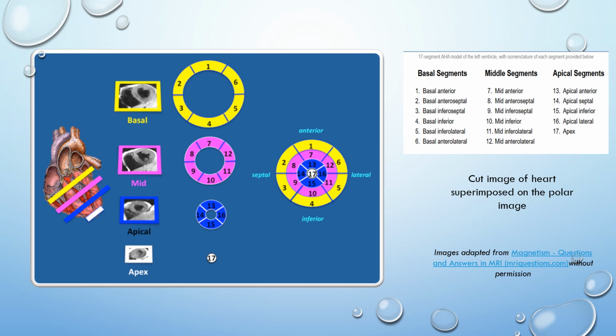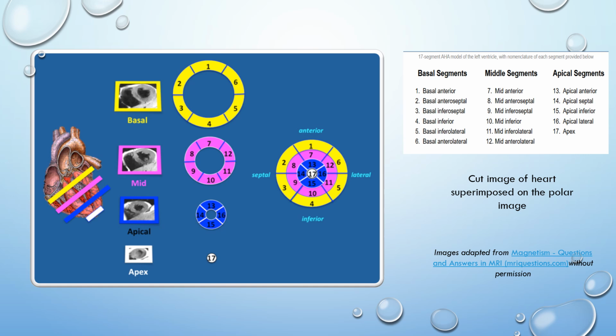Let's dig a little bit deeper into the polar images. The polar images are generally superimposed on the American Heart Association 17 segment cut of the left ventricle. You can see here that in this yellow, this is at the base of the heart. It cuts the heart in a counterclockwise section into 6. The mid section cuts the heart again into 6 sections.